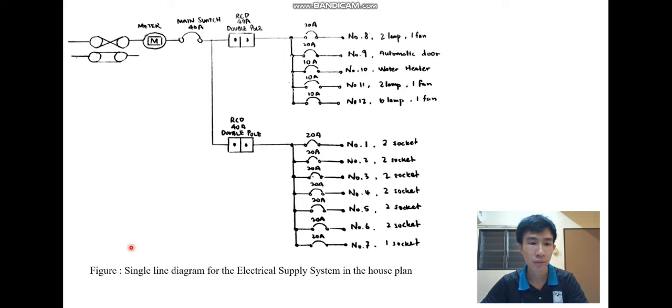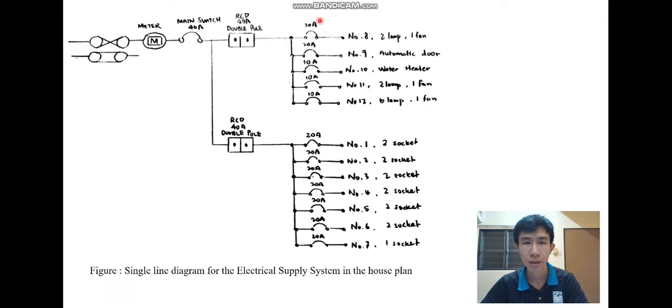Next, this figure shows the single line diagram for the electrical supply system in the house. Here with the single phase cut out and the neutral line, we go through the meter, main switch 40 ampere, RCD 40 ampere double pole for the lighting circuit and the power circuit.